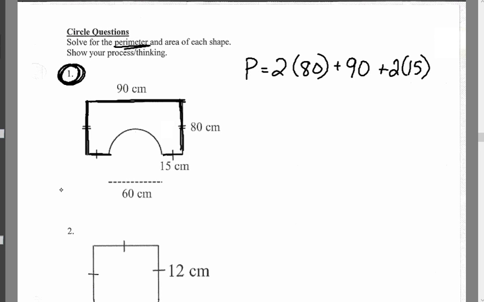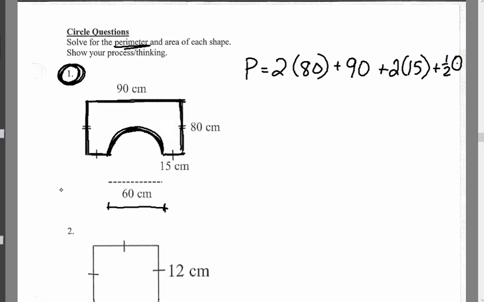But I also have, what haven't I walked around yet? I haven't walked around this curved part. Now the curved part is not 60 centimeters. The curved part is half a circle. So I need to incorporate a formula somehow for half a circle.